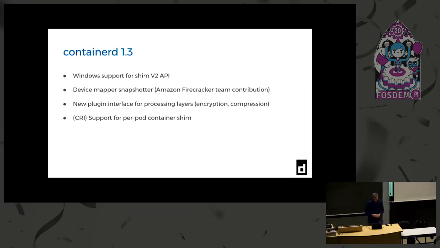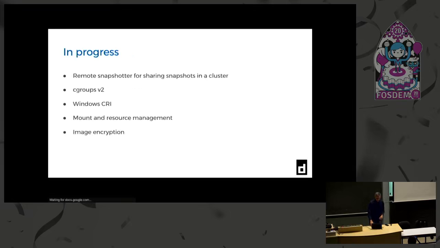You can use a separate plugin binary. And then in the CRI, we support a per pod container shim. So you're not starting a different shim for every container in the pod, so there are some memory and CPU usage improvements there. Things that are in progress: the second talk of the day in here, if you caught it, Akihiro talked about remote snapshotters.